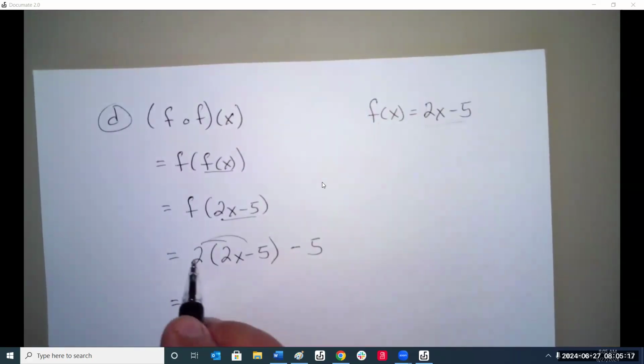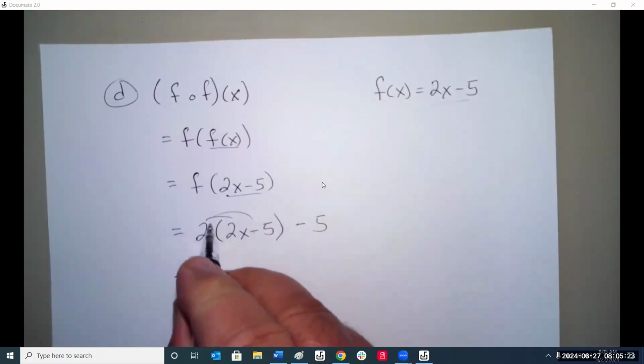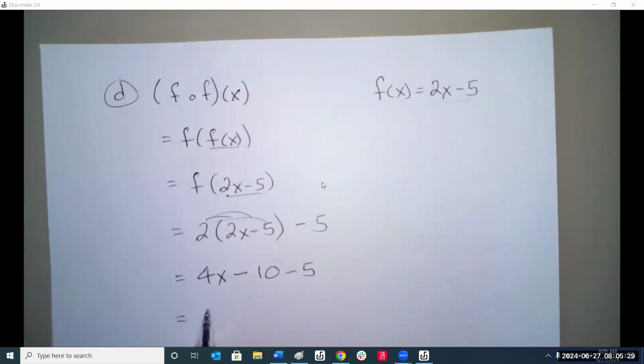Get rid of the parentheses. 2 times 2 is 4x. Positive times negative is negative. 2 times 5 is 10, minus 5. Combine like terms. They're both negative. 10 plus 5 is 15. And there's your answer.